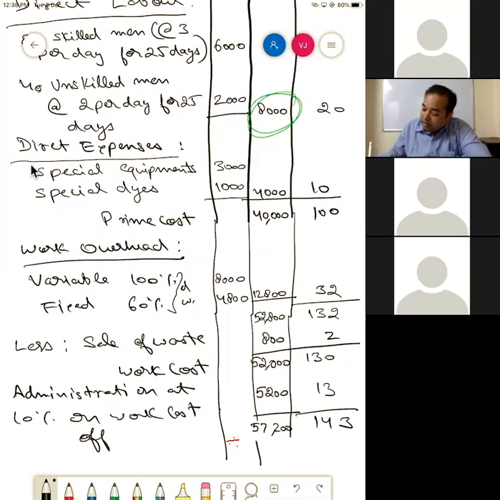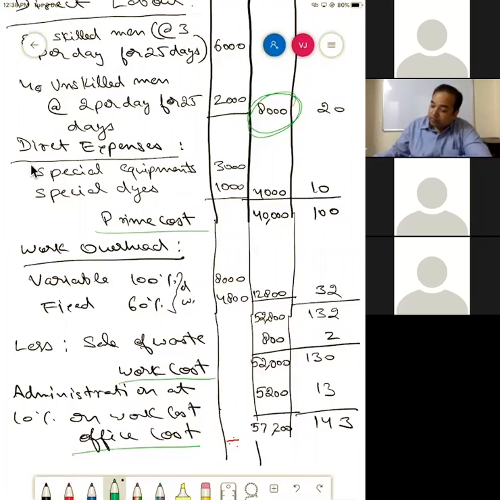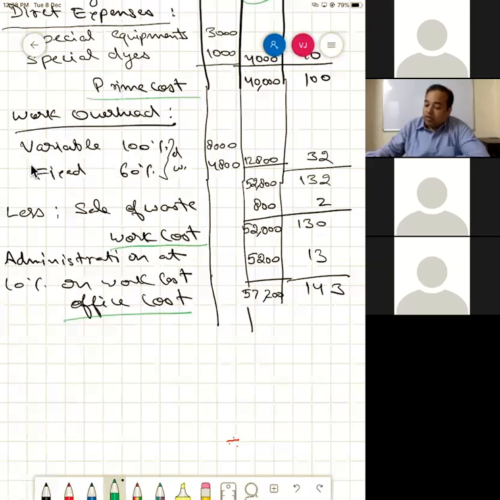This is known as office cost. Is it clear? So office cost includes administration expenses. Now should I move further?